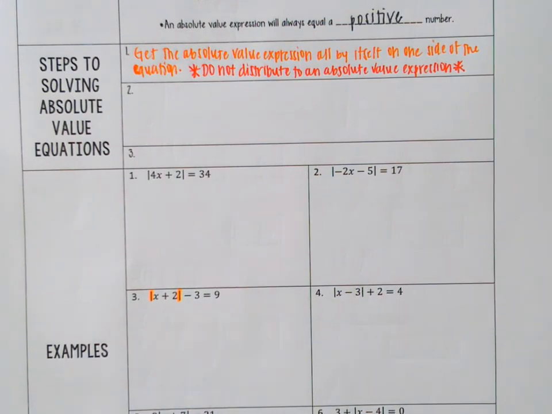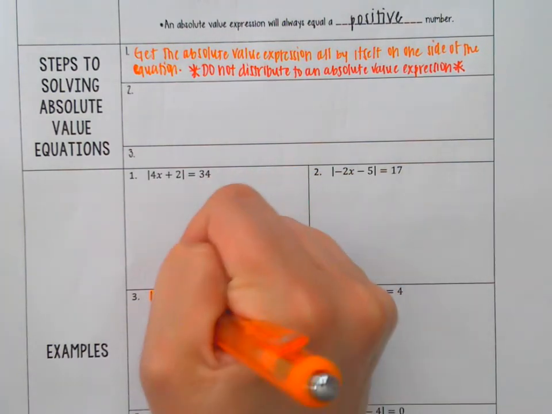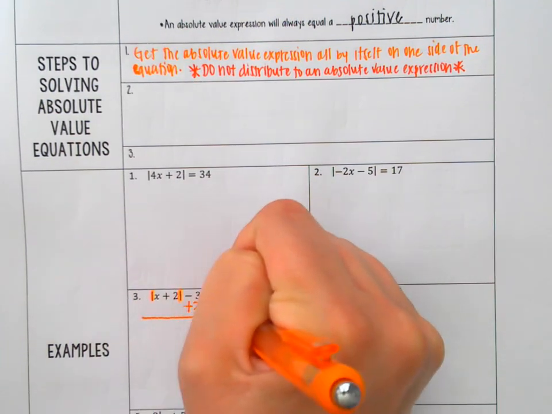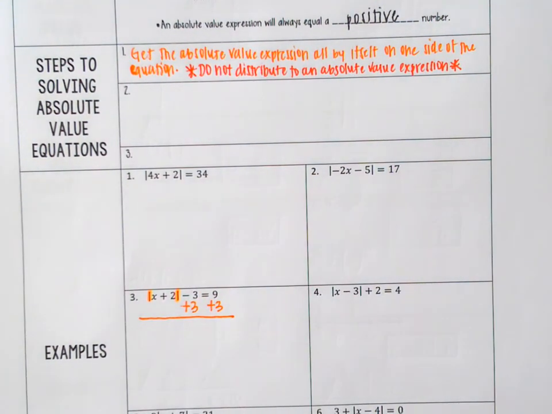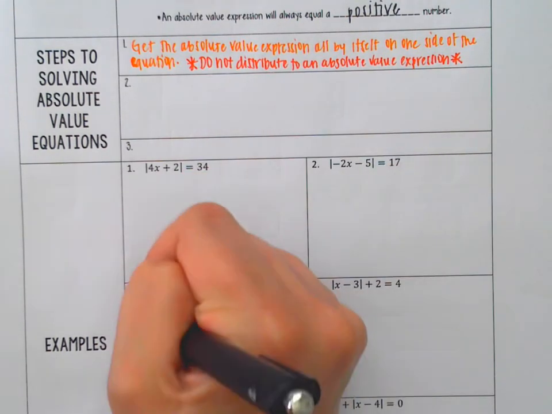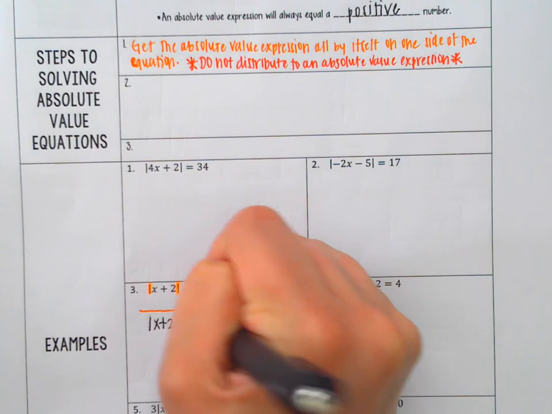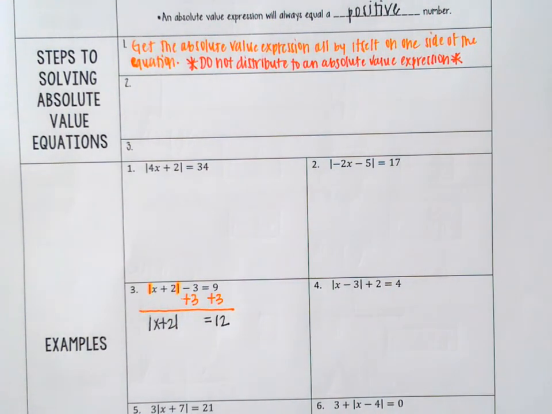So I want to move that -3 to the other side of the equation by adding 3 to both sides. And so when I do that, I get the absolute value of x plus 2 equals 12. Is my absolute value expression now all by itself on one side of the equation? Yes, x plus 2 is the only thing on the left side, so we are good. We can move on to step 2.